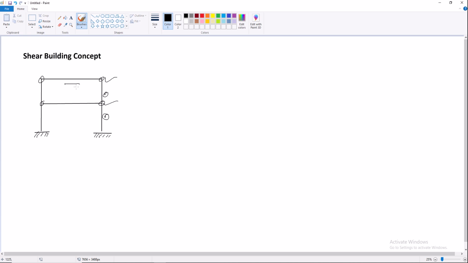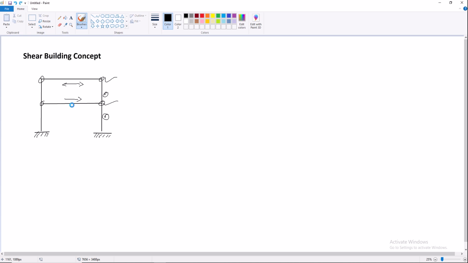Means the loads are acting in the horizontal direction, and the slabs on the different floors are moving parallel to each other.